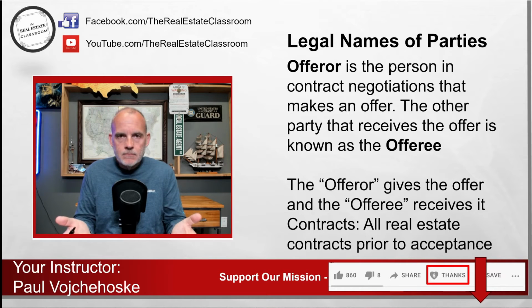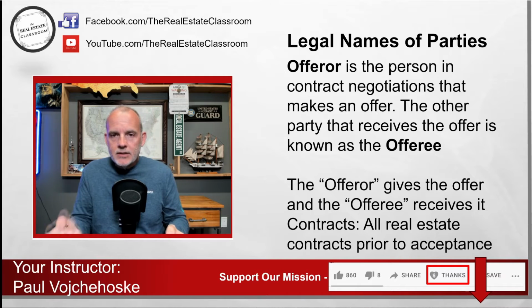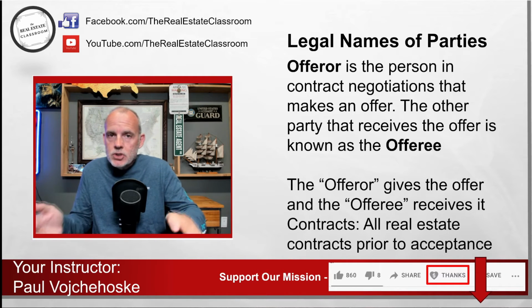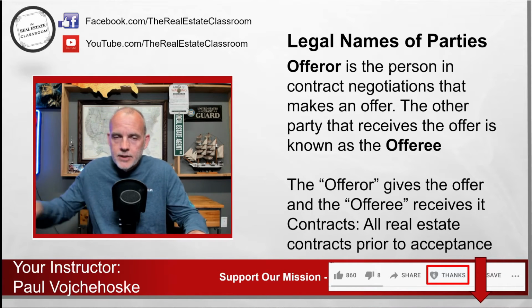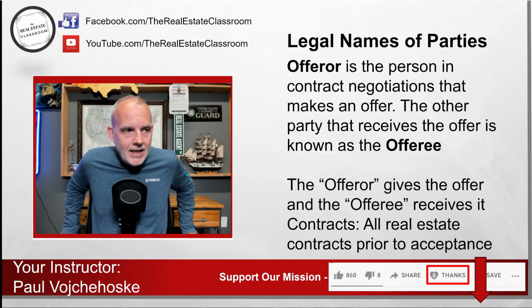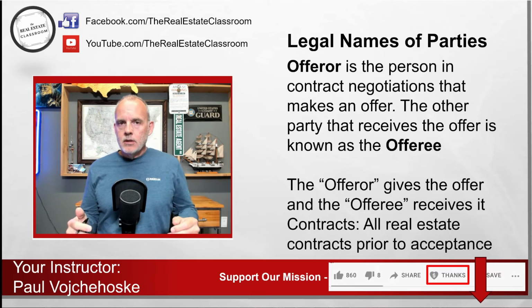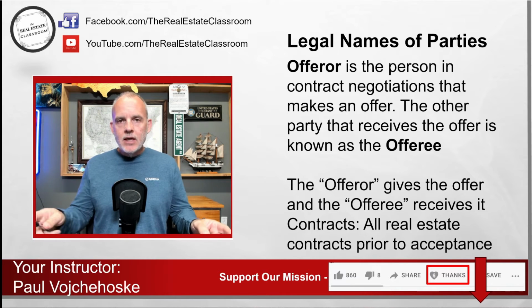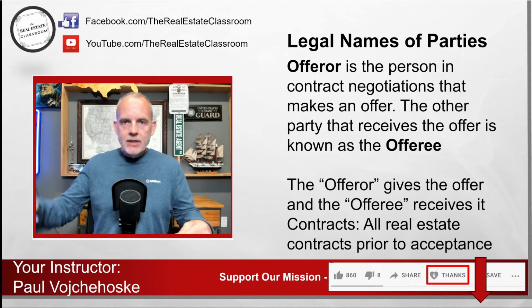They're going to look at it and say nope, and they reject it, or they say yep, they accept it, and then their legal names change from offeror and offeree to grantor and grantee. Or they counter that offer, and then the offeror and offeree flip.